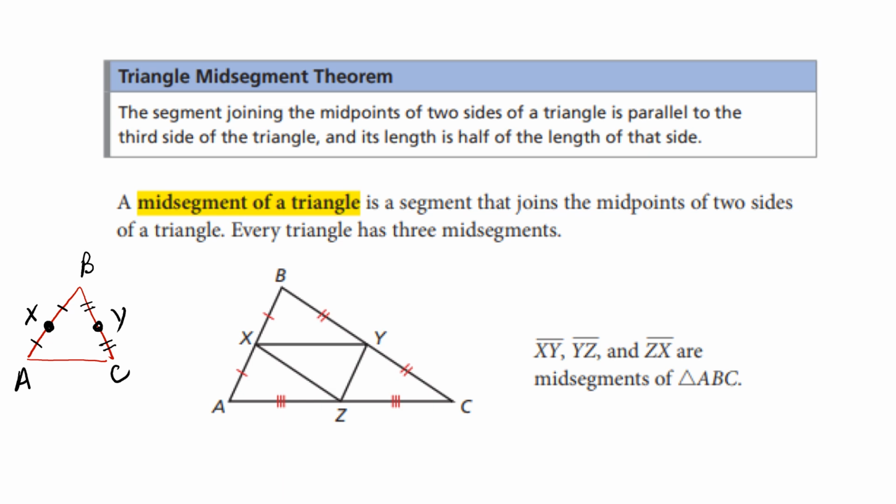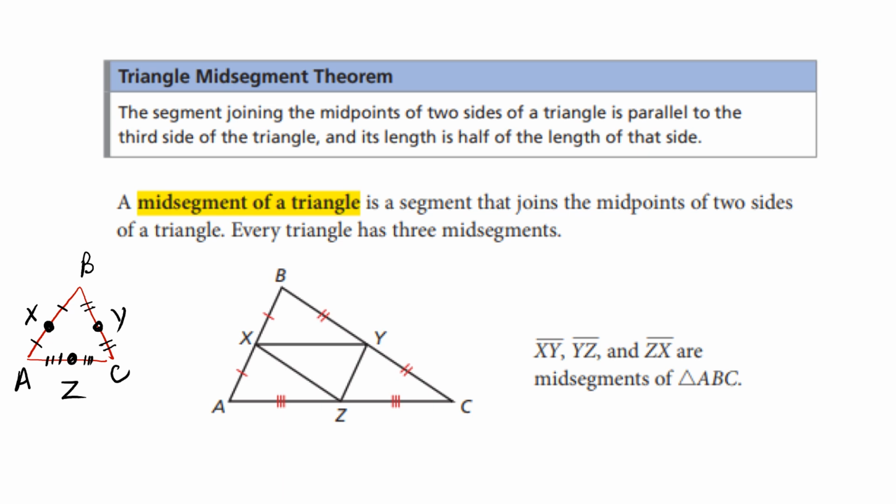And there is also one segment left, that is AC, and the midpoint of AC, let's suppose it is named Z, which means that AZ is equal to CZ. So what are X, Y and Z? They are the midpoints of the sides AB, BC and AC respectively.